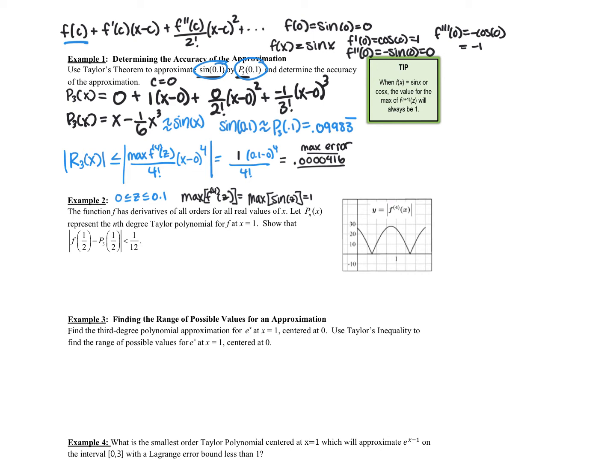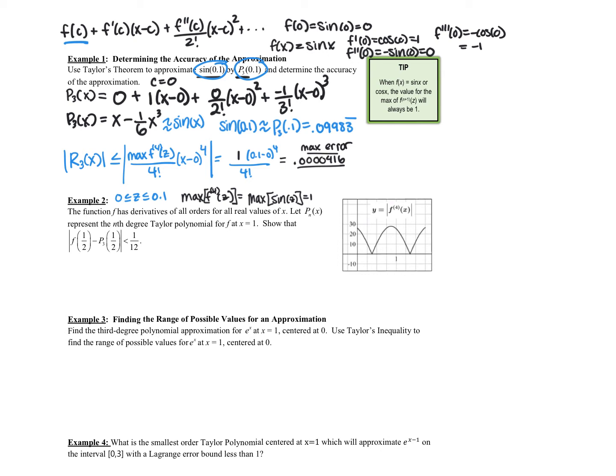So if you were to find sine of 0.1 in your calculator and subtract this from our approximation, it's going to be guaranteed to be less than this value. You could actually do that and see it's less than that. So this is a good bound that we found. Okay? So that's a Lagrange error bound.